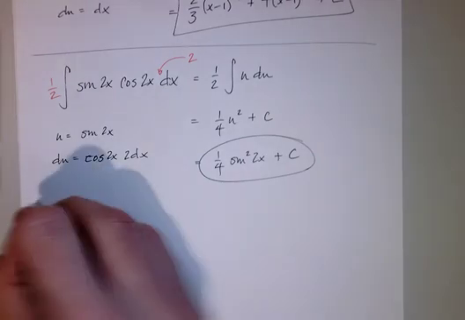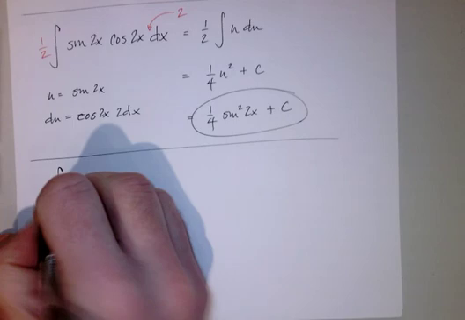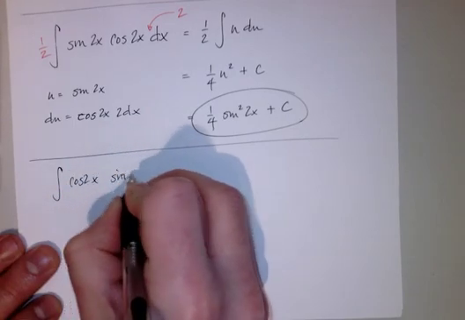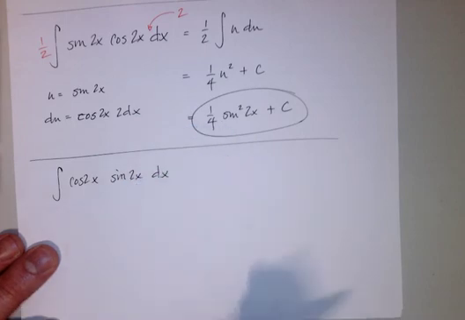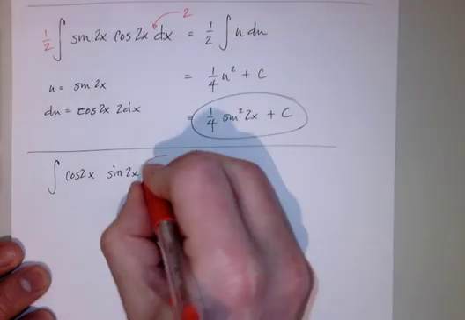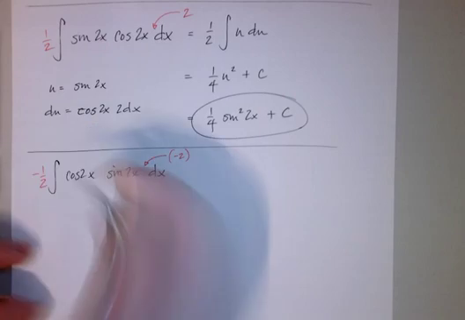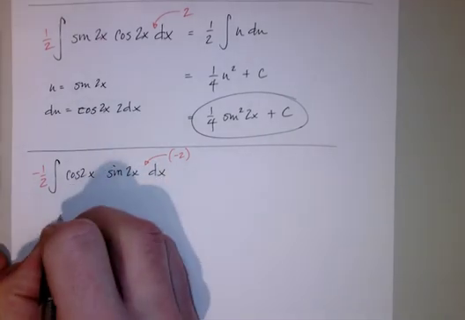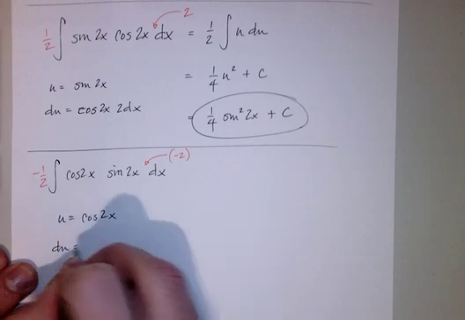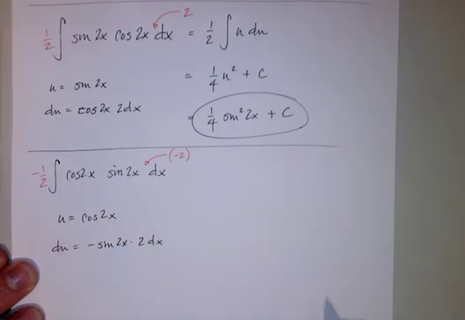But I could have, if I wanted to, designated it the other way around, right? So I have cosine 2x, sine 2x dx, which I'm allowed to do because multiplication is commutative. I'm going to do the same thing, except I'm going to put a -2 in here and a -1/2 out here, because if I designate my u as cosine 2x, then my du is going to be negative sine 2x times 2 dx.